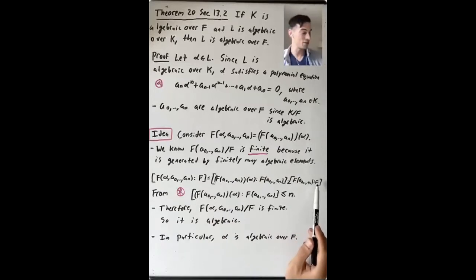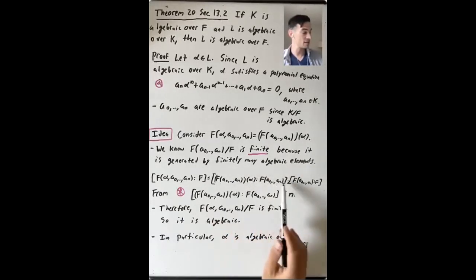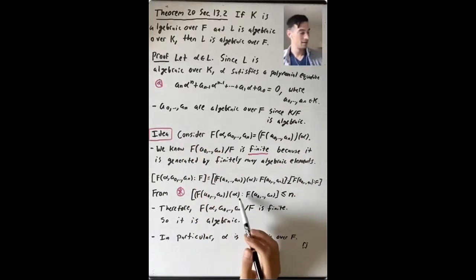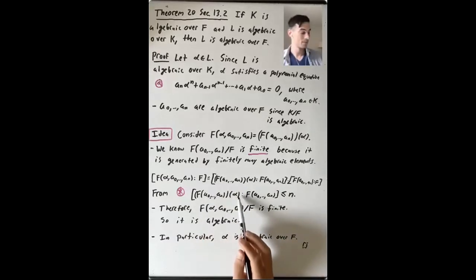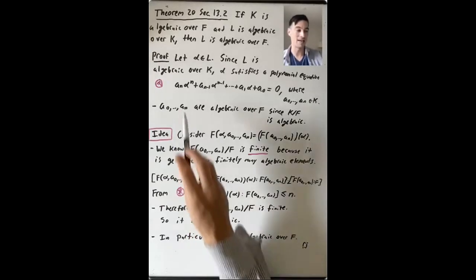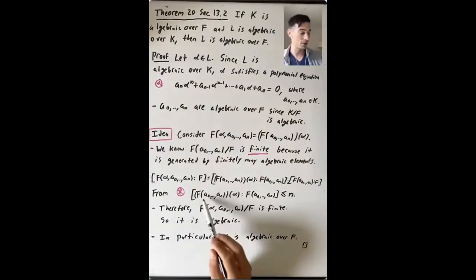The degree of this extension, we know this is finite. We don't really know anything about how large this degree is. It doesn't matter. This is finite. What do we know about this other degree? Well, that's like asking for the degree of the minimal polynomial of alpha, where your coefficients live in this field, F adjoin a0 up through an. And we know one polynomial that alpha satisfies, where the coefficients are certainly in this field.